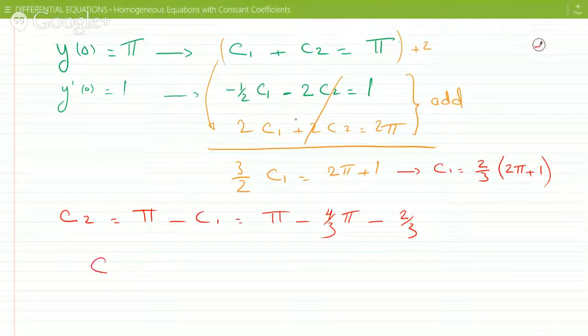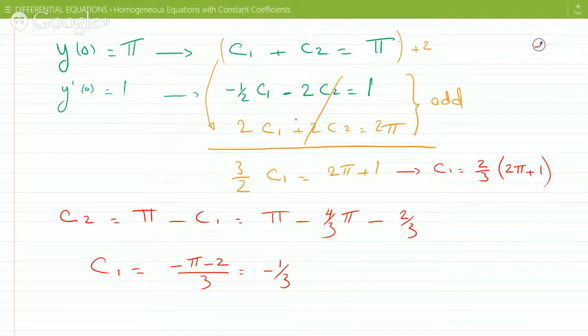So C2 turns out to be minus 5/3 pi minus 2/3, which is the same thing as minus 1/3 times 5 pi plus 2.